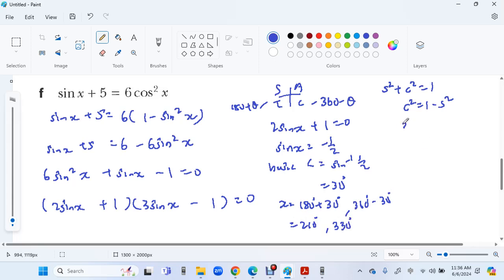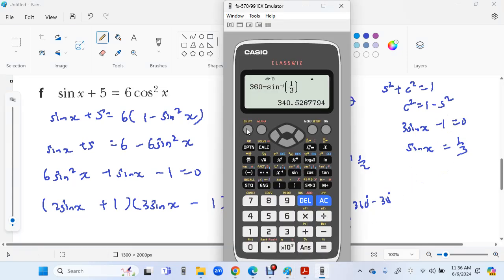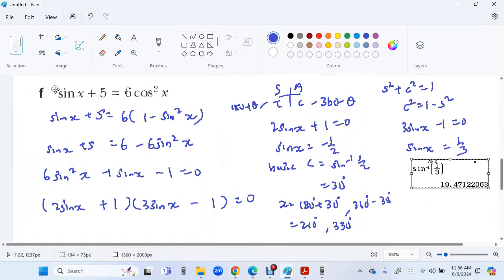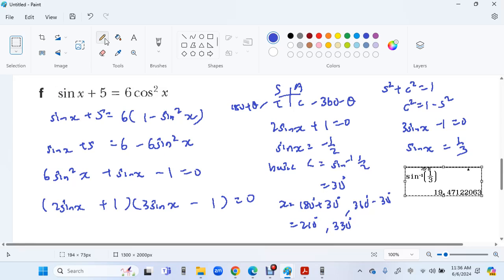And then we have 3 sine x minus 1 equal to 0. Then we have sine x equal to 1 over 3. So the basic angle will be the arc sine 1 over 3. Then it is 19.5 degree. Okay. So this is the basic angle. And then x will be sine positive.